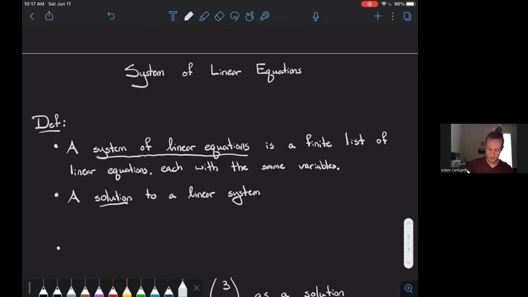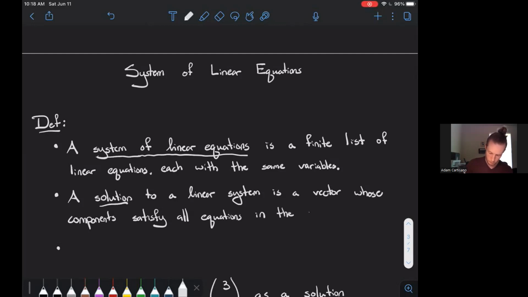So a solution to a linear system is a vector whose components satisfy all equations in the system simultaneously.